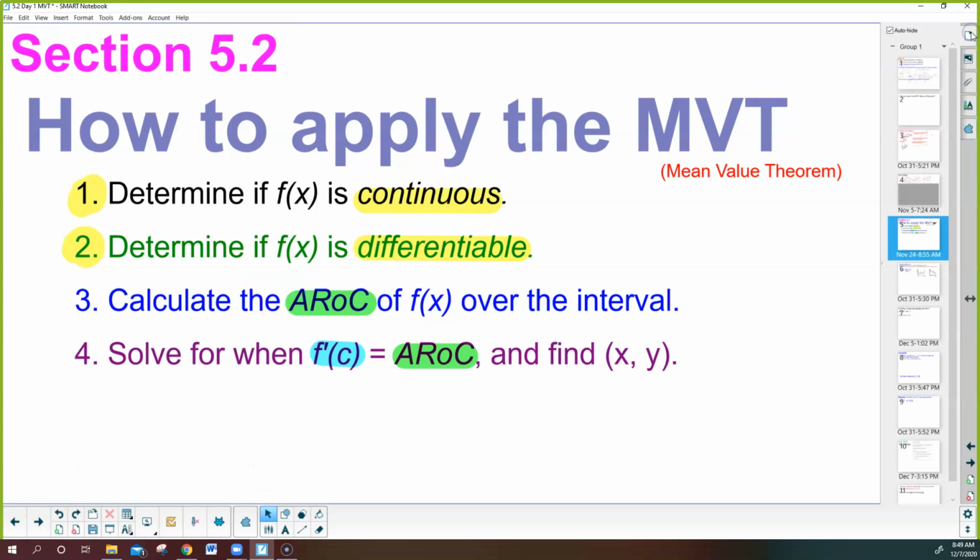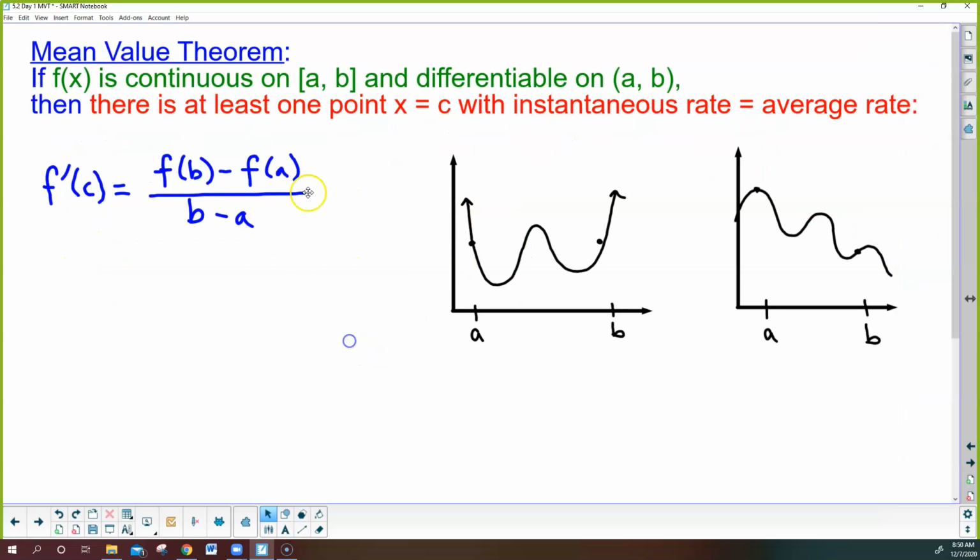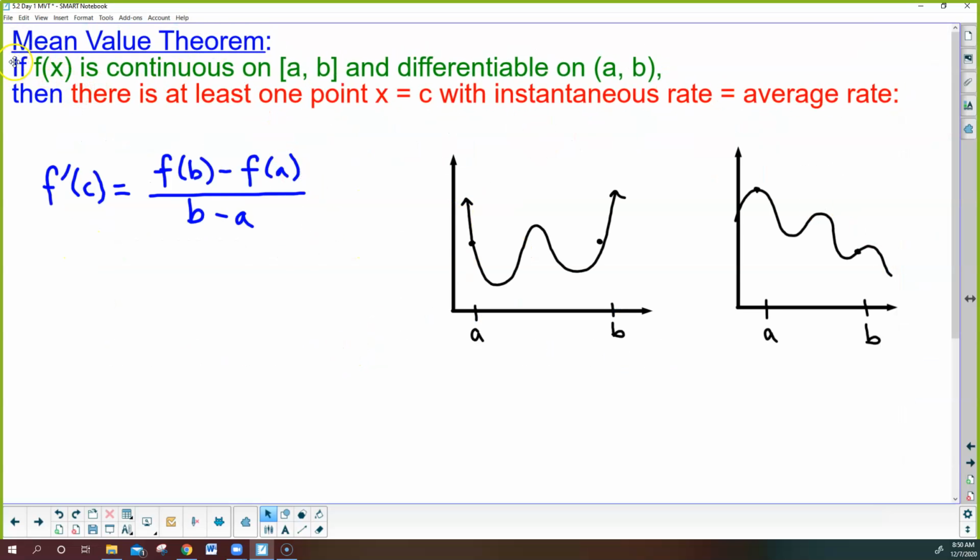See how it works. This is the official theorem. Now notice how it's stated: if, then, we're going back to geometry. If the hypothesis is true, so your 4 steps, well, here are the first 2 steps in the hypothesis. If f of x is continuous on the closed interval from a to b, and differentiable on the open interval from a to b, then there exists at least one point x where the instantaneous rate of change is equal to the average rate of change.